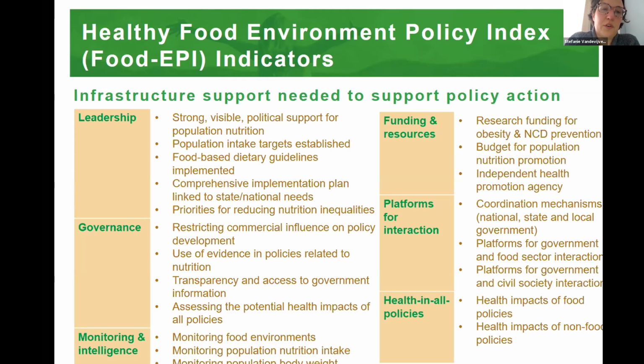So for example, the governance domain looks at procedures to restrict commercial influences on policy development, the use of evidence in policies, transparency and access to government information, for example.